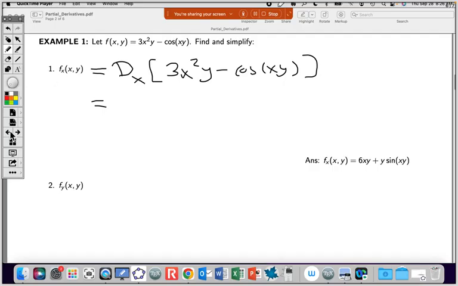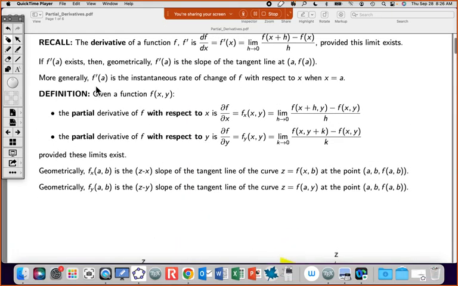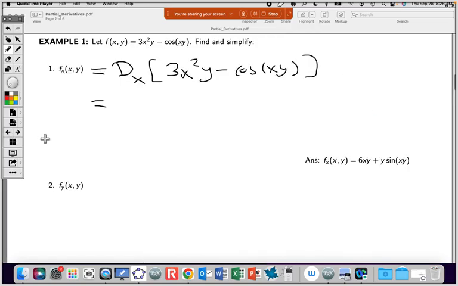And once again, going back to the definition, when you take a derivative with respect to x, the x is what's changing. The y stays the same. In other words, we treat y as a constant.